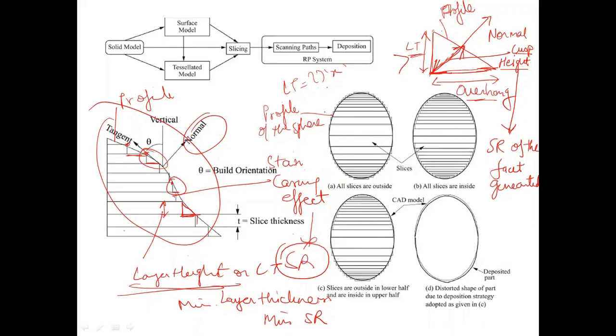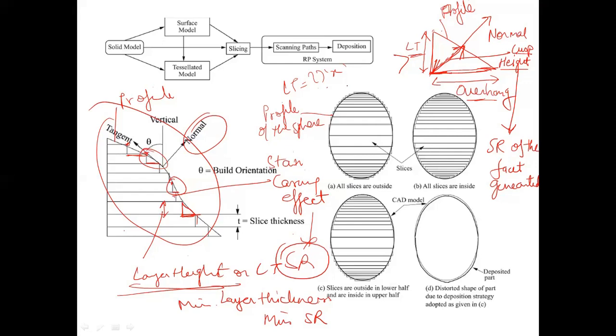Two effects are bound to happen here. First, if you are using a plastic or even a metal, it will contract after solidification. So there's a very good chance that after contraction, your profile line and your desired dimensions may be similar, that is, there is no deviation of dimensions. Dimensional inaccuracy is not present. But there is another possibility.